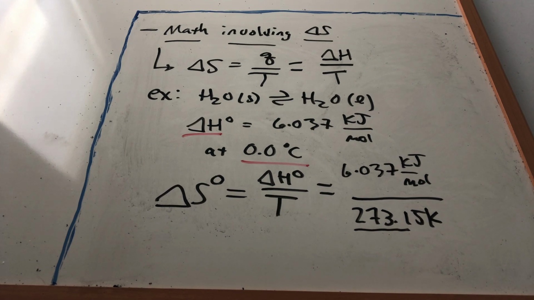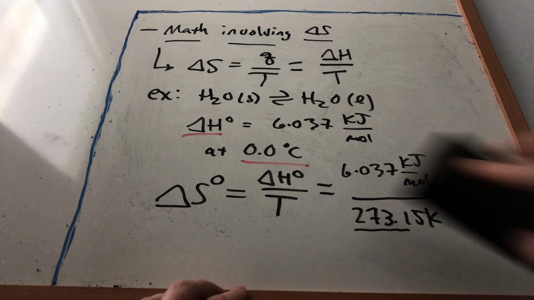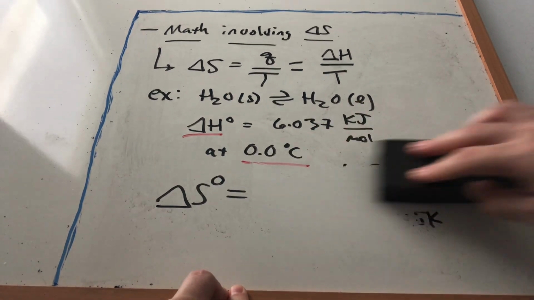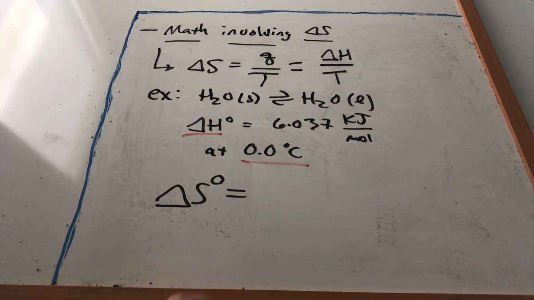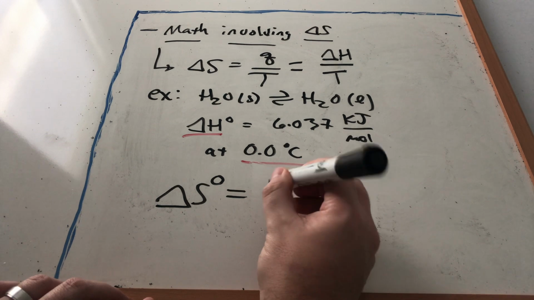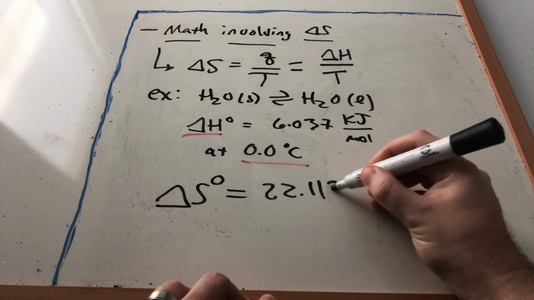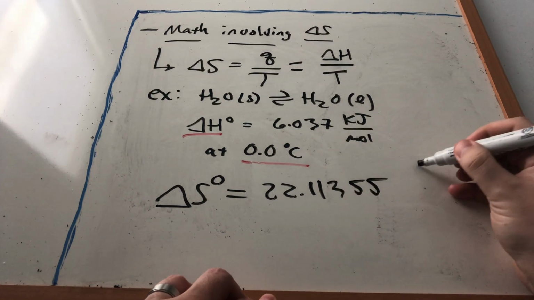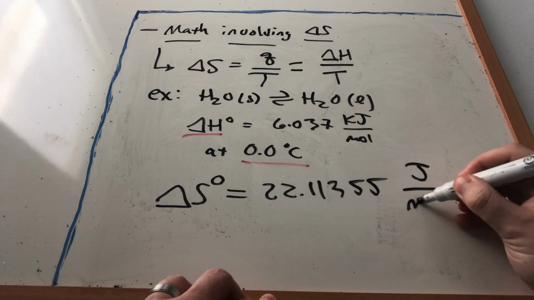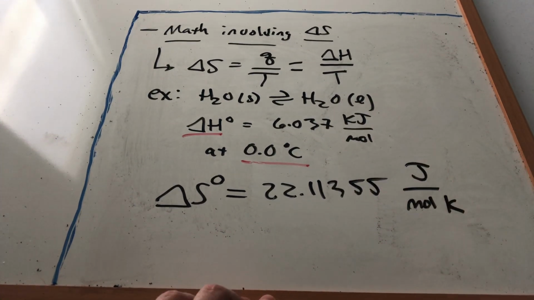We do the math here, and you can check my work, please. And what we get for delta S naught for this process is we get delta S naught is 22.11355 joules per mole Kelvin, okay?